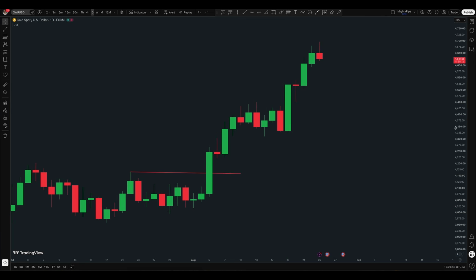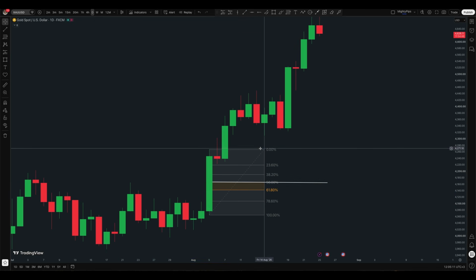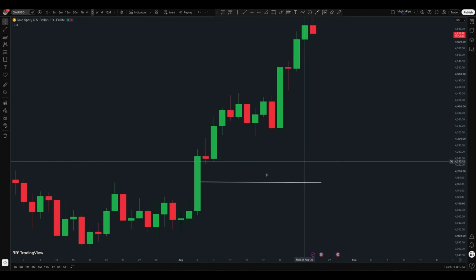If you mark that candle's range from the bottom using Fibonacci up to its high, and put a line at the 50% Fibonacci, you will see that that line is not broken. The next candle cannot even come here. It's a bearish candle which doesn't reach this 50% level of this candle, right?